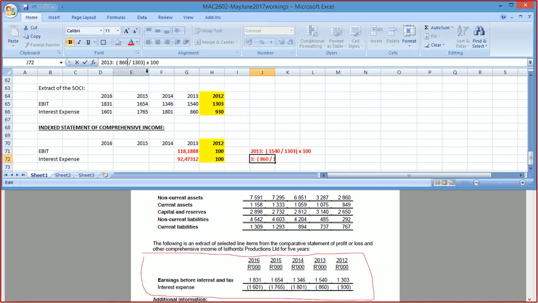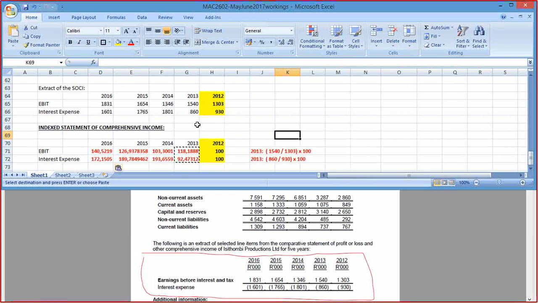I'm looking at 860 divided by 930 times 100. Gave you that. You okay there? Then you repeat that for each year. Yes, for every year. So work out 2014 one. Work that one out. I'll work out the 2013 one. Do both. 1, 3, 4, 6. You should get that.